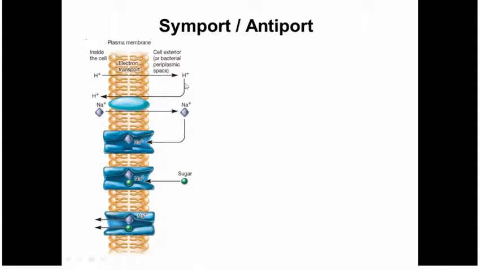So that means you'll have a higher concentration of protons outside and a higher concentration of sodium outside. And this concentration gradient can be used to co-transport other molecules against the concentration gradient of, for example, sugar. So in this case, sodium is being transported together with the sugar, and transport down the sodium gradient is favorable, and that's what allows an unfavorable transport event to occur at the same time.